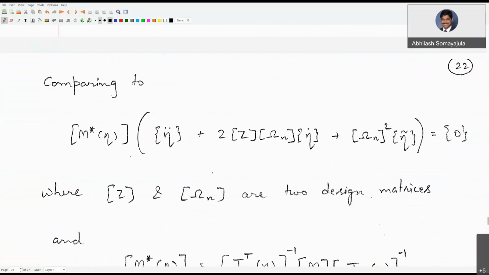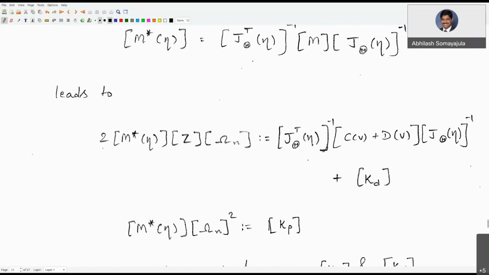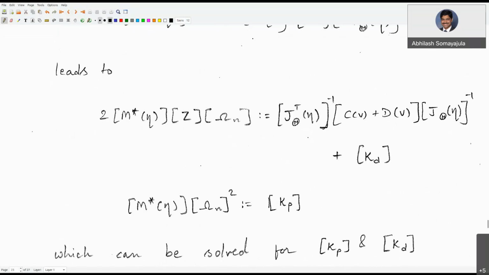And then this leads to the idea that 2 times M star times Z times omega n is nothing but that so-called damping term which we had in our system. We are equating those two damping terms. And finally, whatever is the stiffness term, which is M times omega n square, in this case turns out to be simply the Kp matrix. Everybody with me so far?